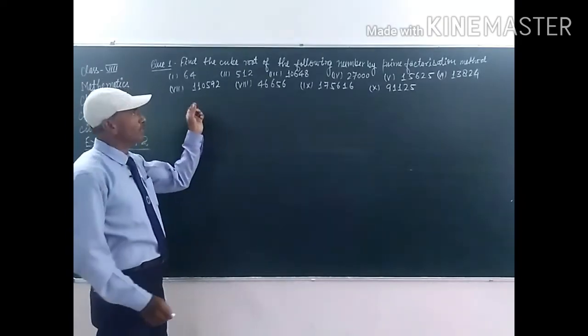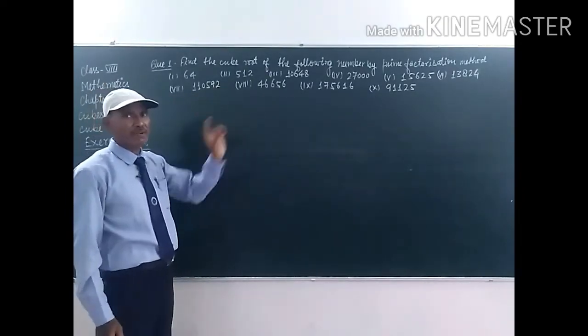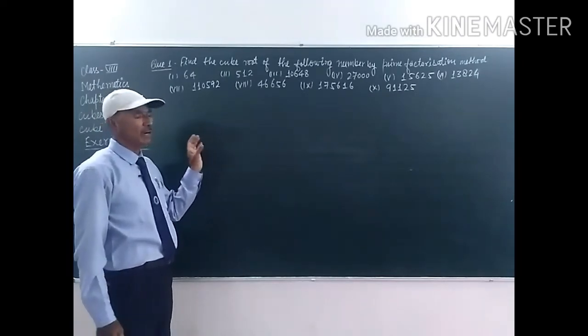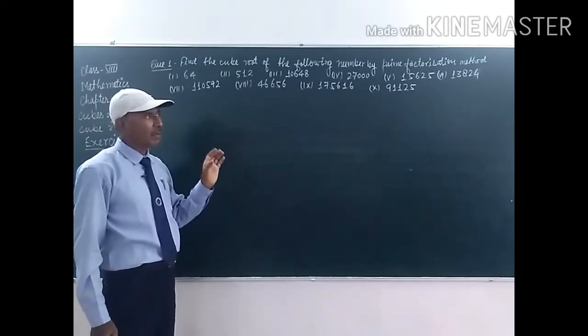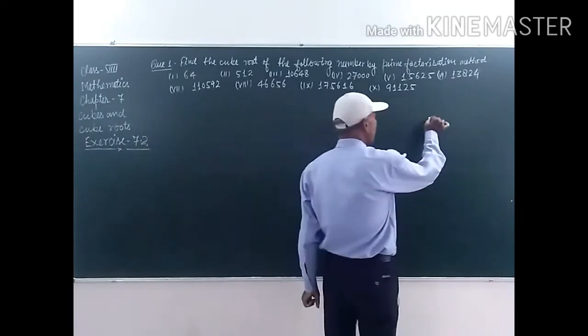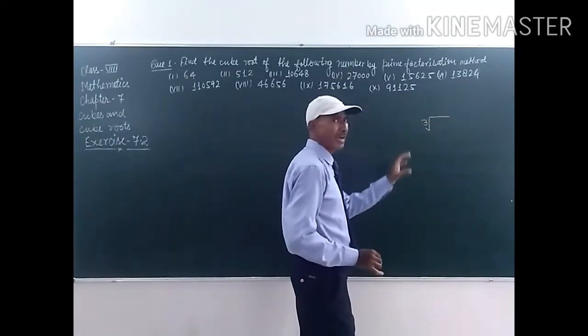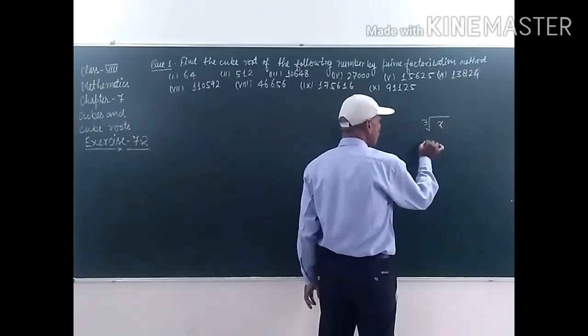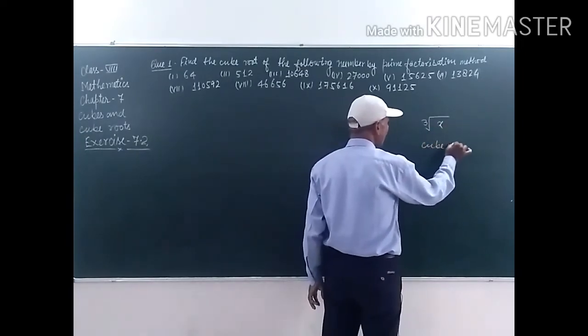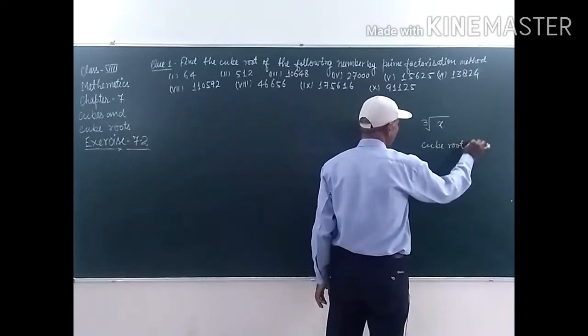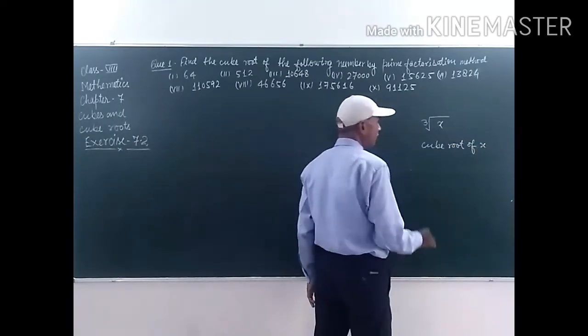For solving the questions of exercise 7.2, first of all, we have to understand the cube root, student. This sign denotes cube root of x. Clear, student?